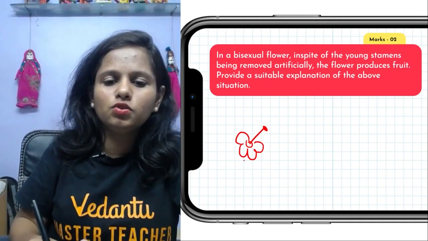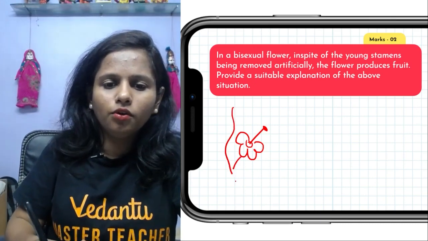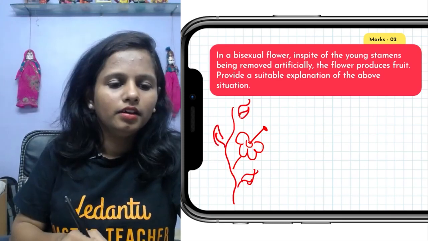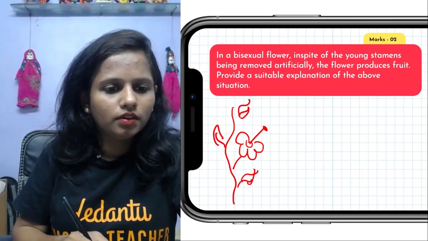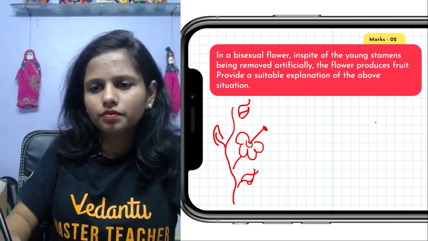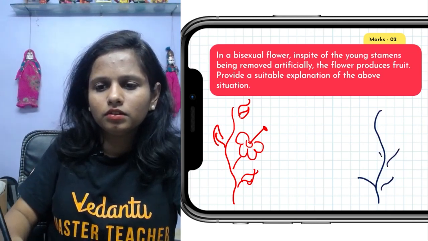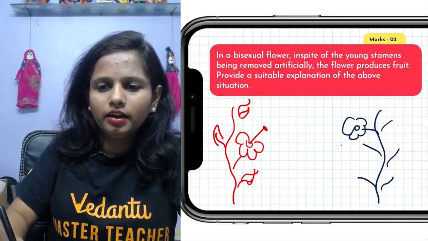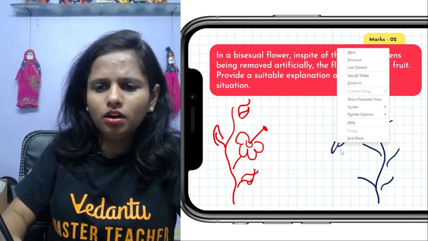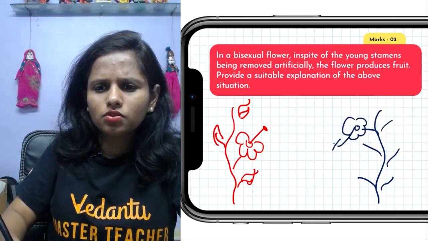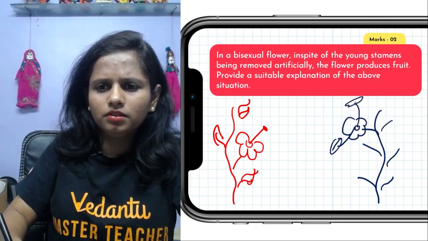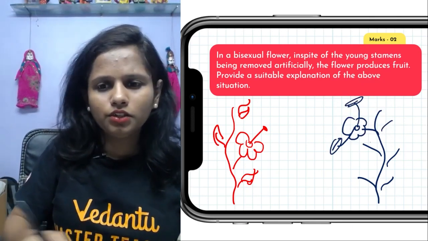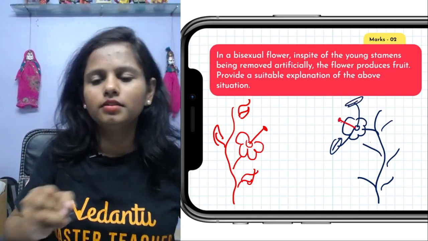Now let's assume that this is born on plant A, okay, plant A. Now there is another plant B, okay. Now here is another flower, okay, and it has stamens, okay, and then it will also have, of course, the female part, okay.